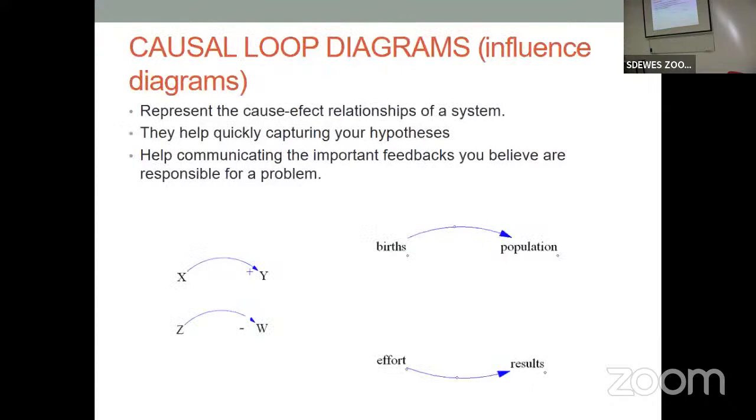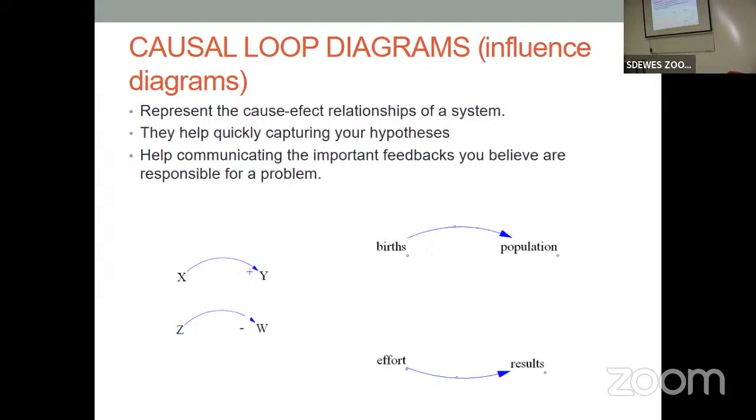So, what are the causal diagrams? The causal diagrams are quite simple, as I have already shown. It means that when we represent an X variable and a Y variable, and we represent an arrow from one variable to another, it means that this variable has influence on the other.